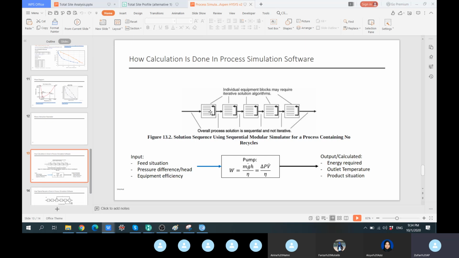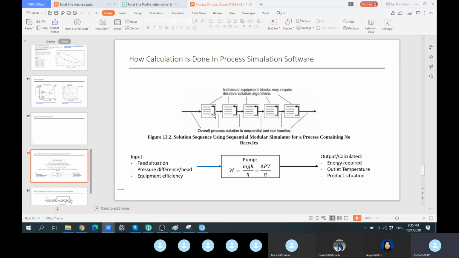So it is like a block of calculation. If I put a pump, so if this block is then the pump, you can see my cursor, right? Yes. So if this block is then a pump, this is then the input.